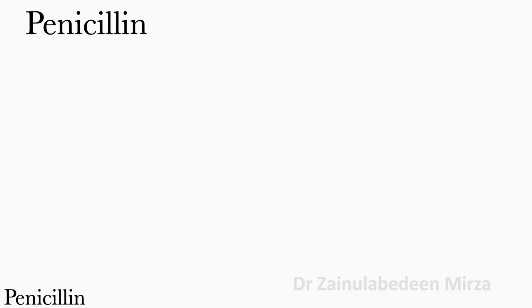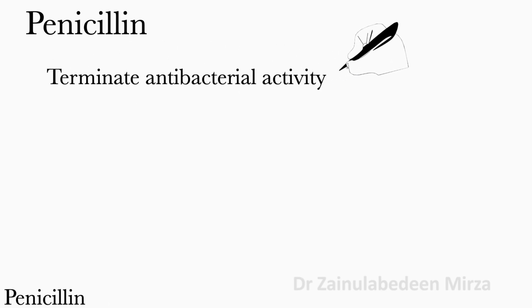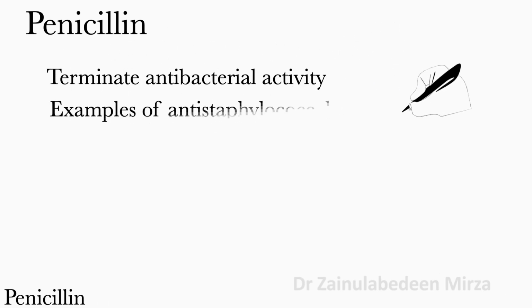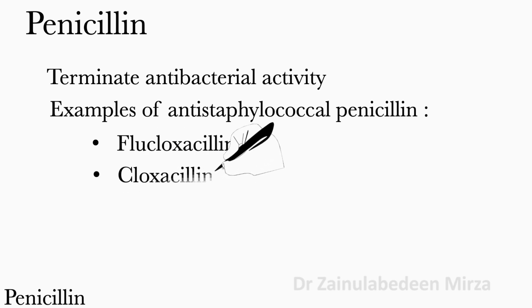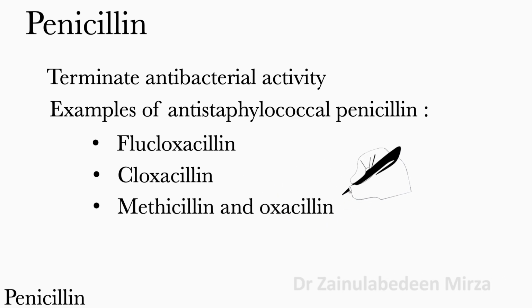Some bacteria produce beta-lactamase, which opens the beta-lactam ring, and this terminates the antibacterial activity of penicillin. Examples of anti-Staphylococcus penicillins stable to Staphylococcus beta-lactamase are flucloxacillin, cloxacillin, methicillin, and oxacillin.